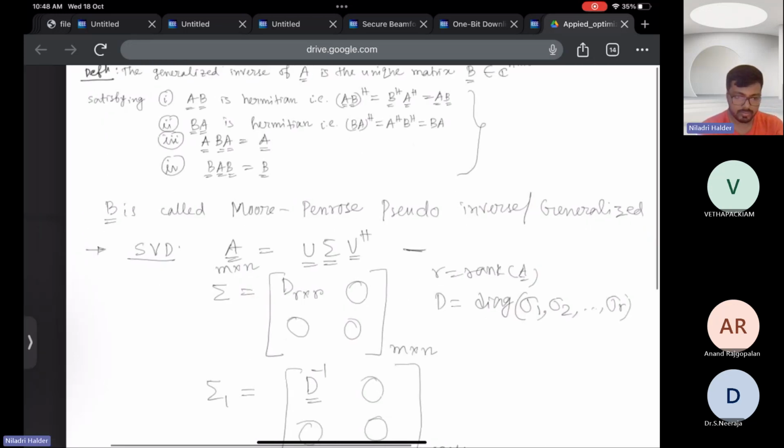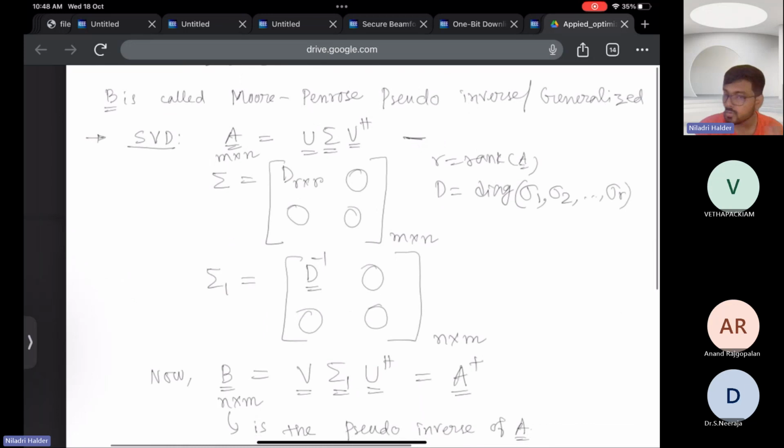Then how to find the pseudo inverse? The general process: suppose there is a matrix A of dimension m cross n, and its singular value decomposition is U sigma V Hermitian.